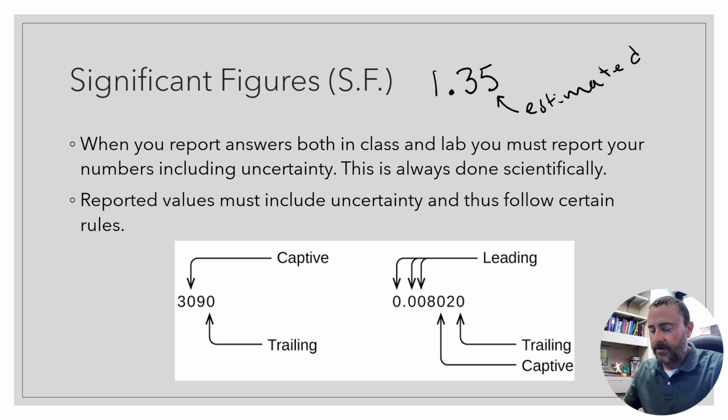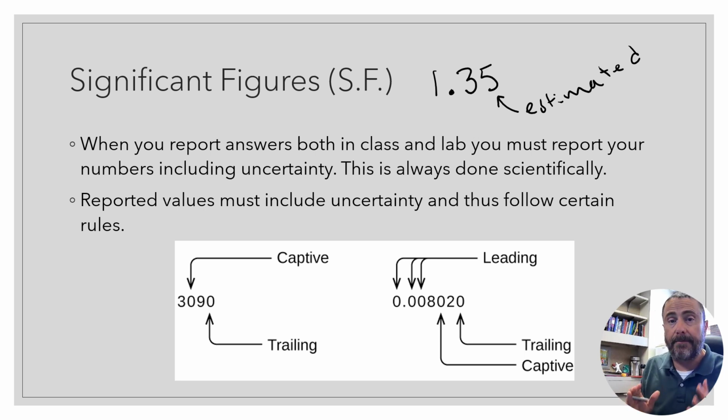Then I've also got the number 0.008020. I've got some leading zeros, a captive 0, and a trailing 0 there as well. I'm bringing all of those up so that once we count which values are significant or not, we can see what I'm talking about.